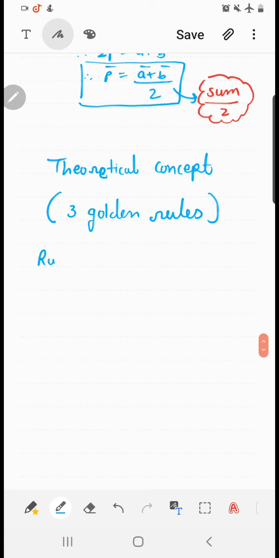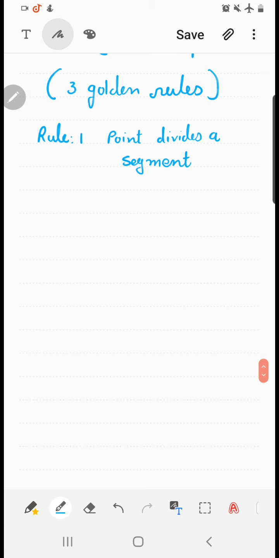We start with rule number 1, which we think of when a point divides a segment. In this rule we follow two steps.